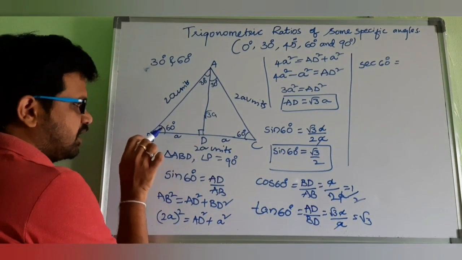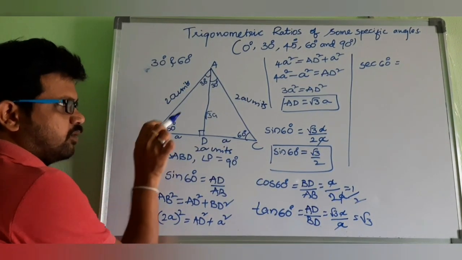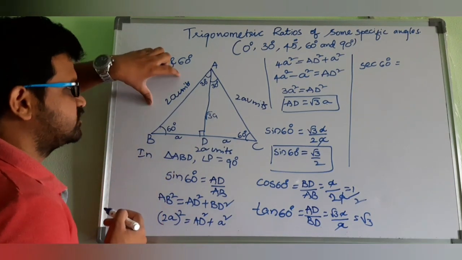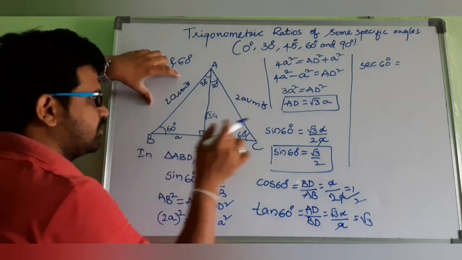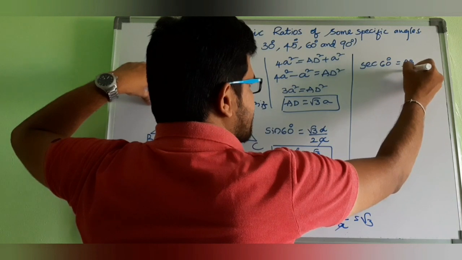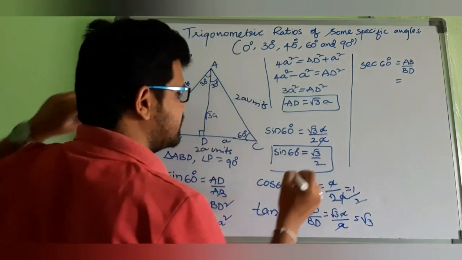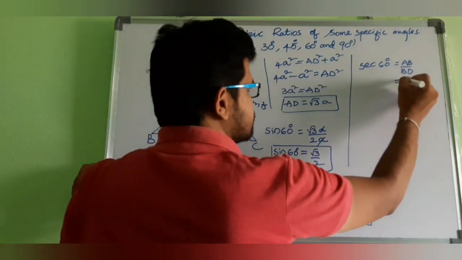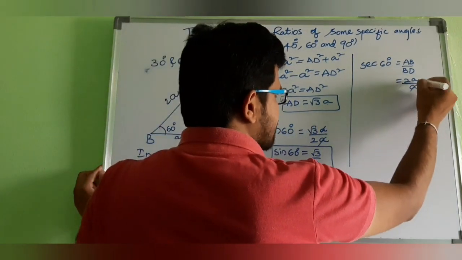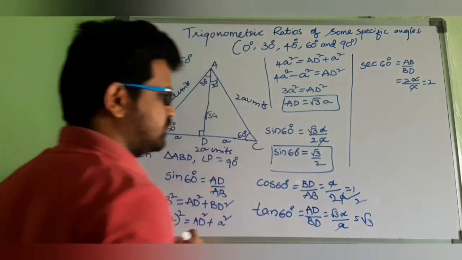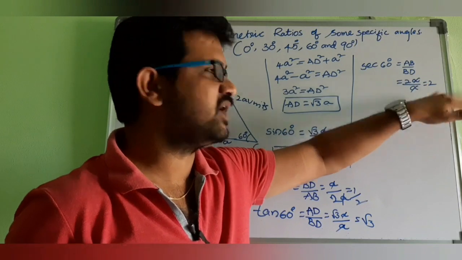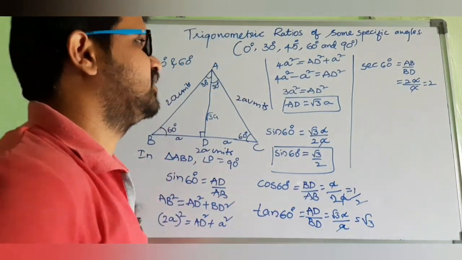With respect to this angle, the secant ratio is hypotenuse by adjacent. Hypotenuse is AB, adjacent is BD. So AB by BD. AB is 2a and BD is a. So cancel, the ratio is 2. This is not in units. Secant 60 degrees value is 2. There are no units for ratios.